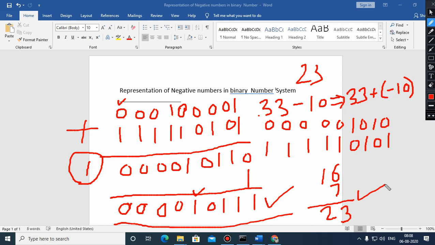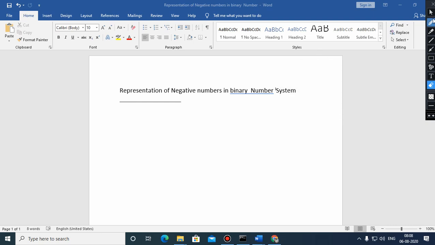Okay. Now I want to show you how there is no overflow bit. So just have a look. Children, suppose the number is 10 and the expression is 10 minus 20.